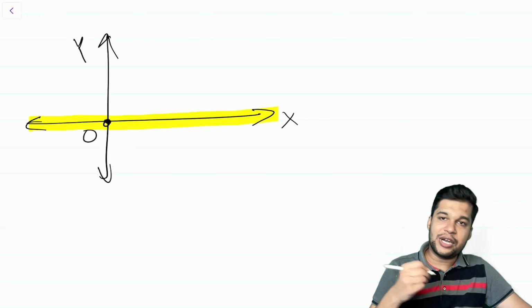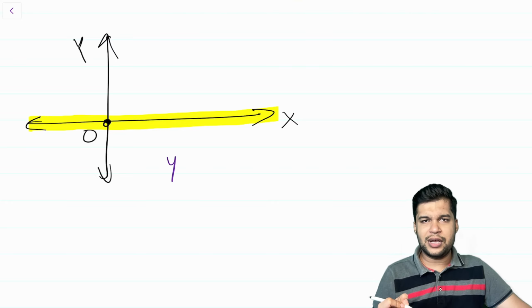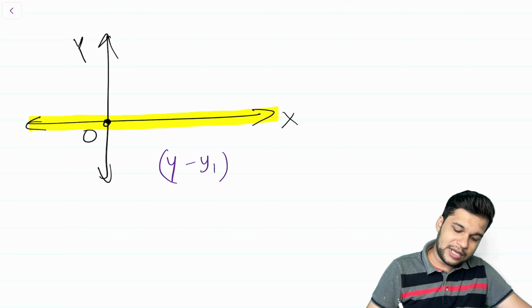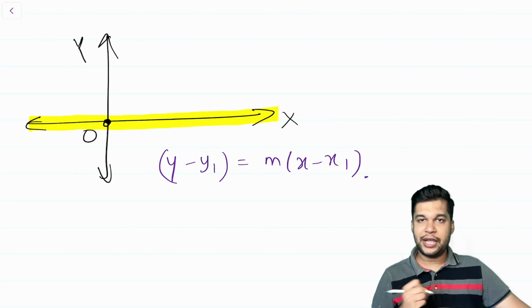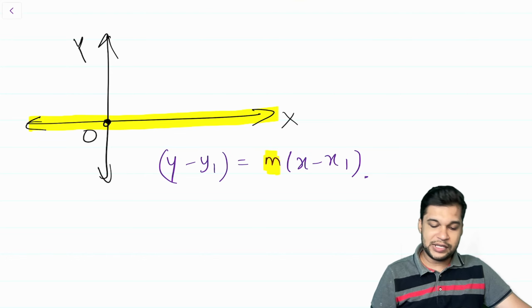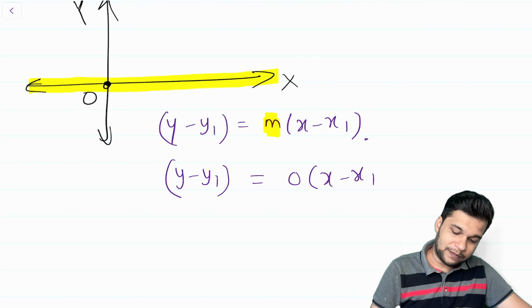If I see the slope point form, y minus y1 will be equal to m times x minus x1. The slope over here is 0. So y minus y1 will be equal to 0 times x minus x1.